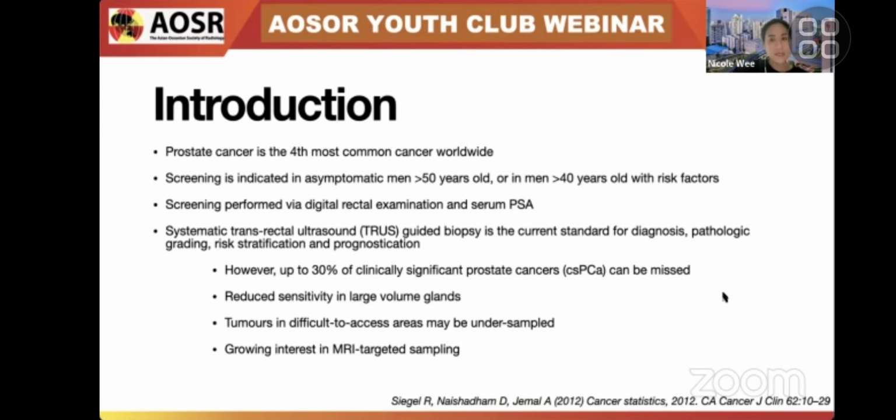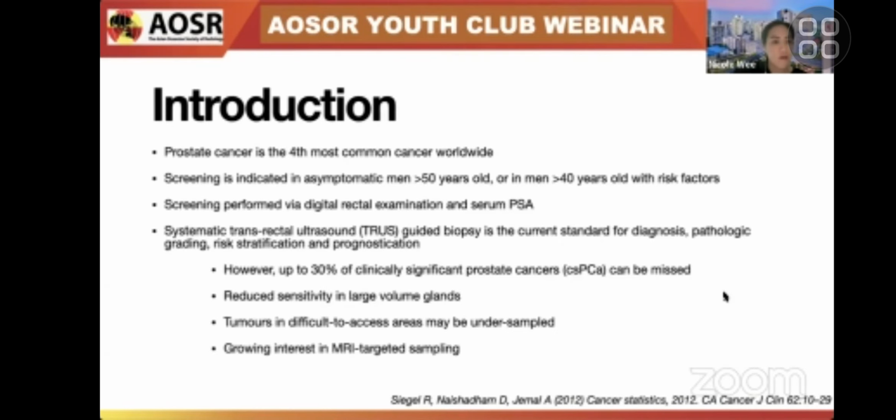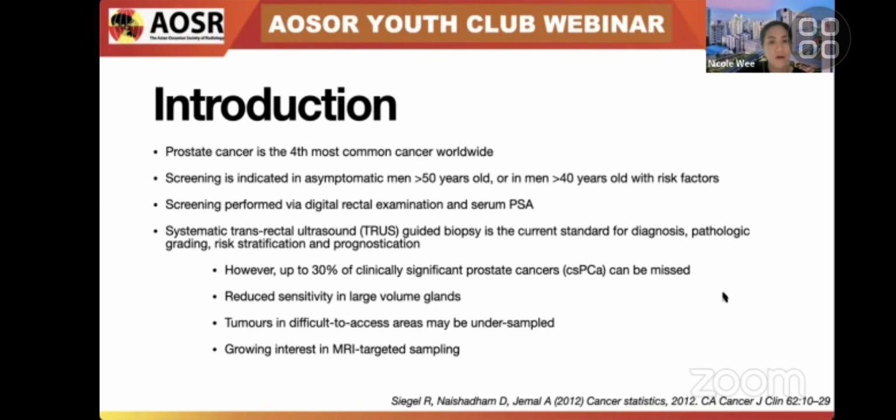So at present, the systematic transrectal ultrasound guided biopsy is the current standard for diagnosis, pathologic grading, risk stratification, and prognostication of prostate cancer. But systematic biopsies also have their limitations, and it can actually miss up to 30% of clinically significant prostate cancers.